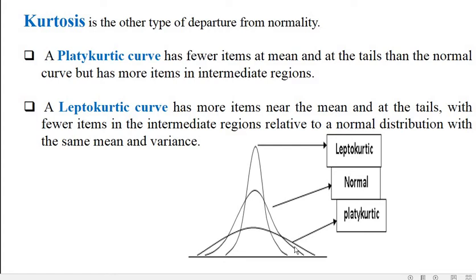That makes the curve leptokurtic, محدب وبارز للخارج in Arabic. This nature of curves, whether leptokurtic, normal or platykurtic, gives us an idea about the nature of data.